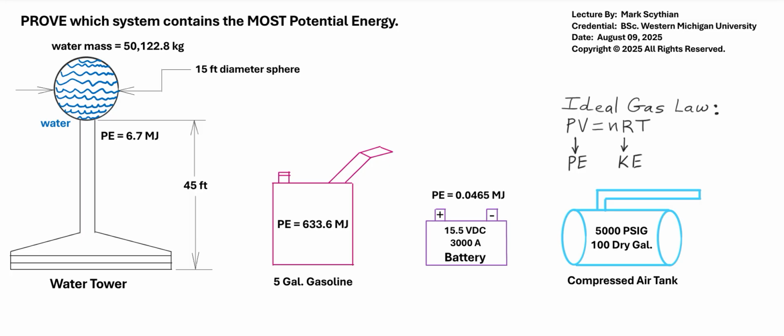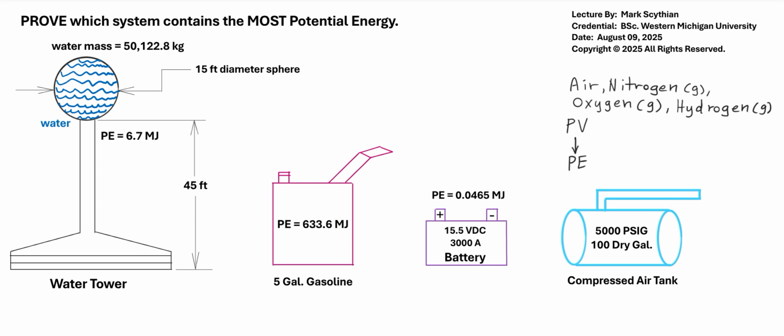So that being said, we can just simplify this and solve for PV to calculate the joules potential energy of the compressed air tank. We can only use ideal gases, so that would be air, nitrogen gas, oxygen gas, hydrogen gas. And so these are examples of ideal gases.